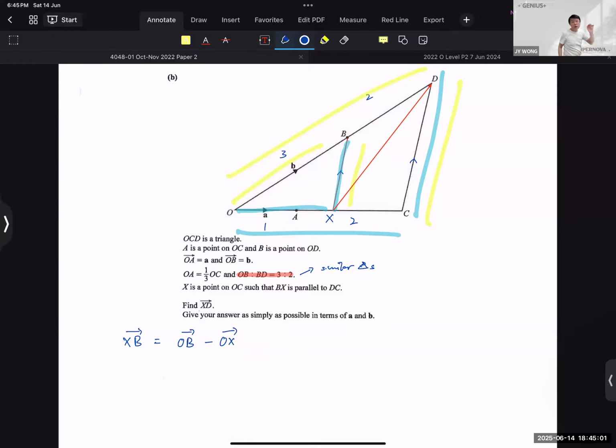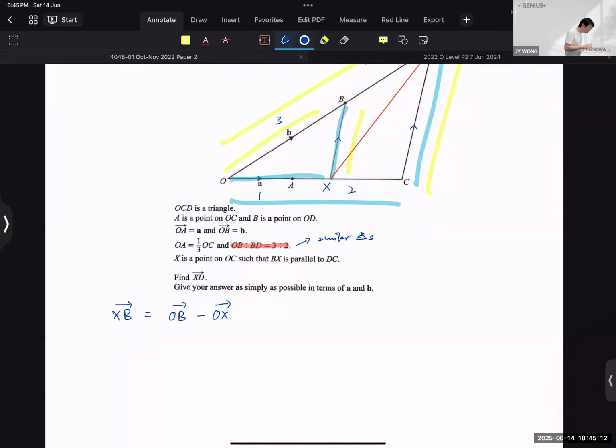Agree? We don't know what is OX, but we know OX is something A because it lies on OA. Right?